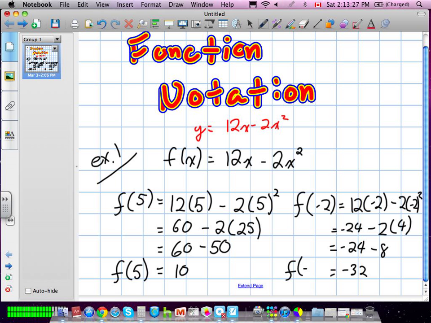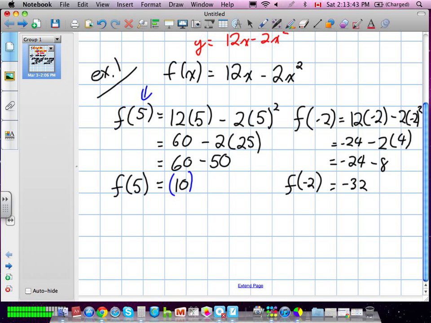When f at 5 was equal to 10, f at negative 2 is equal to negative 32. We could use those as points too, this being our x value 5 and this being our y value when we go to graph it. So you could almost write it like, if you wanted to graph this point, your x value is 5, your y value is 10. And same idea here, x value is negative 2, y value is negative 32 in terms of plotting and graphing.